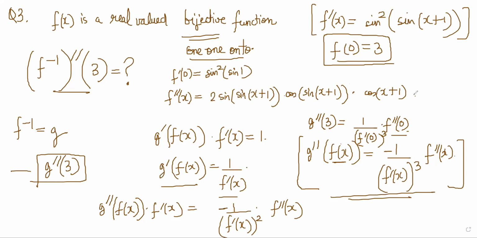This is the full derivative by doing the chain rule. First differentiate the power, then differentiate the sine, then differentiate the argument. Now, if you put 0, you'll get 2 sine 1 into cos sine 1 into cos 1. And after that, it's just substituting and getting the answer.